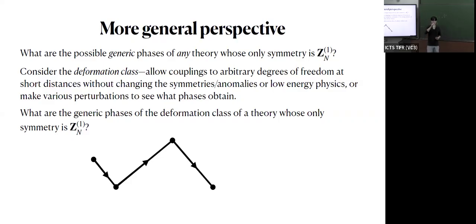In 2 plus 1 dimensions, the vortices would be particles, though monopoles are also particles.